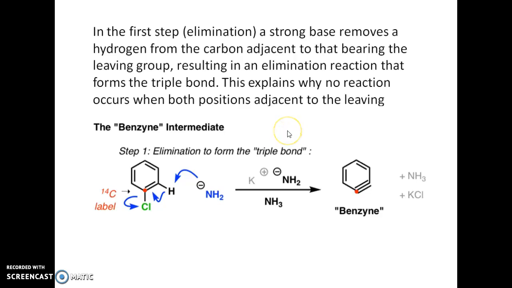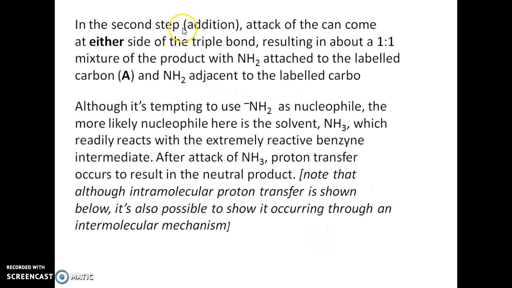This explains why no reaction occurs when both positions adjacent to the leaving group are blocked. In the second step, the addition takes place.